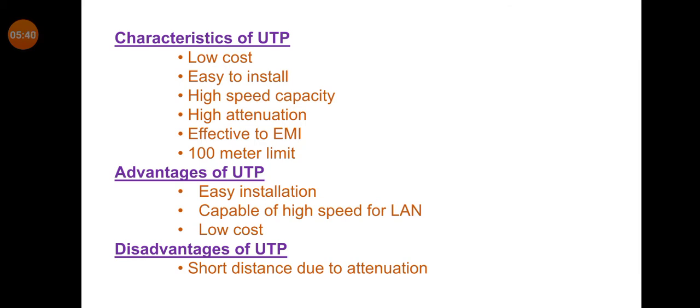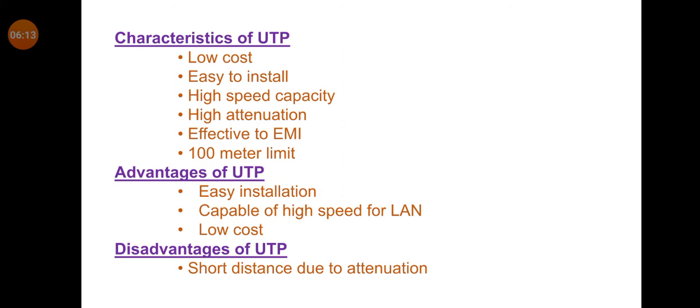Short distance is the disadvantage because it is affected by high attenuation. High attenuation is also one type of disturbance. That attenuation will decrease the energy of the signal. So whenever we transmit data over a long distance using unshielded twisted pair, the data signal decreases to very low levels.